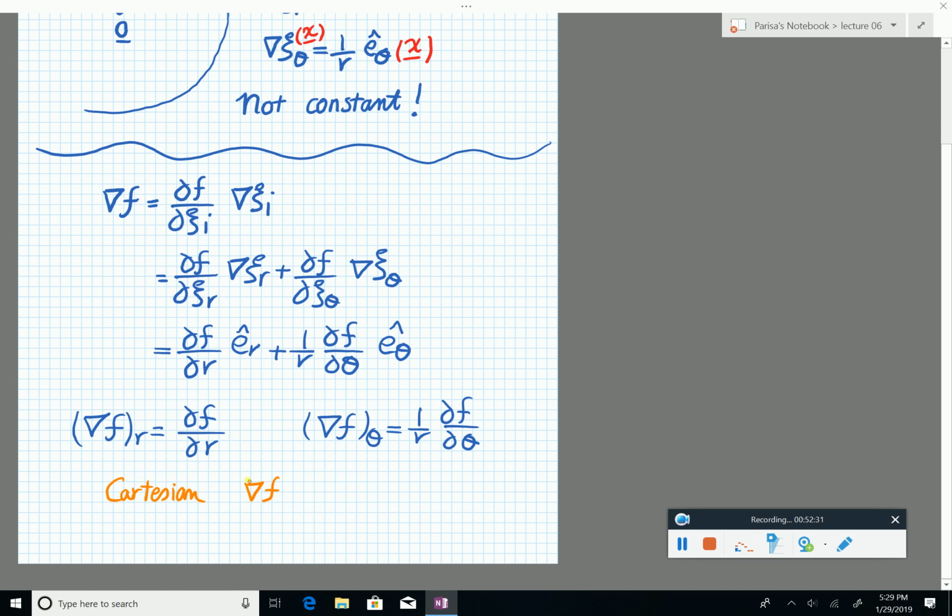Compare this to the Cartesian coordinate. This is something that you all think about when you think about gradient. The formulation is general, but you see that in polar coordinate it's not exactly that. It doesn't become just simply the partial derivative with respect to that particular thing. But we derived both using the same formulation.